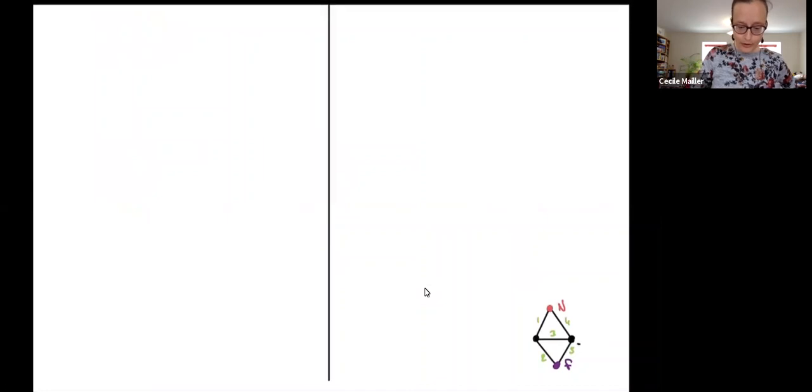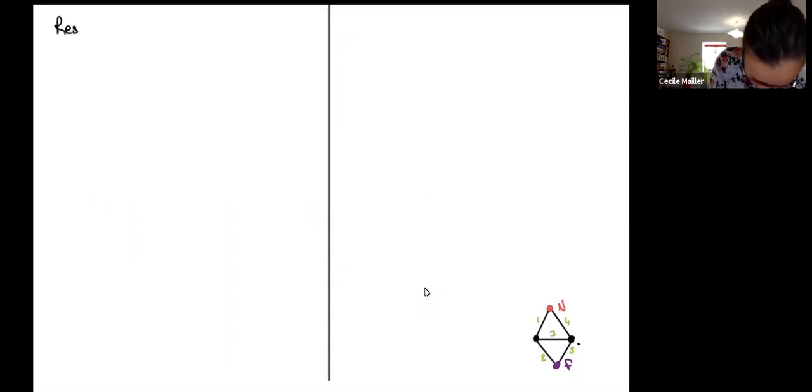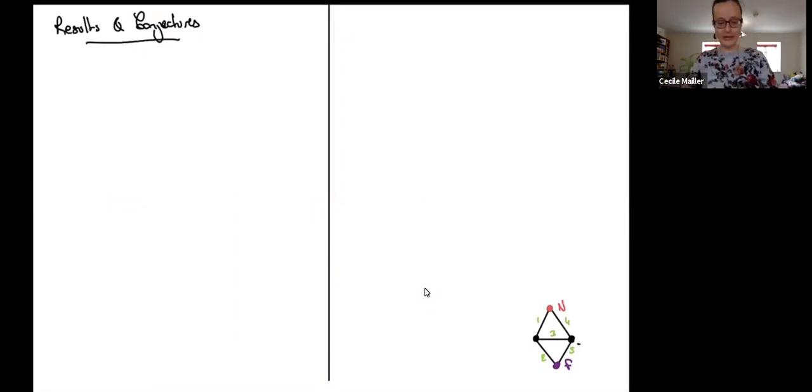Before doing anything else, I want to tell you about the results, but also the conjectures we have. Arguably there are more conjectures than results, but at least it proves that the model is rich mathematically, which is great. So let me introduce a notation.